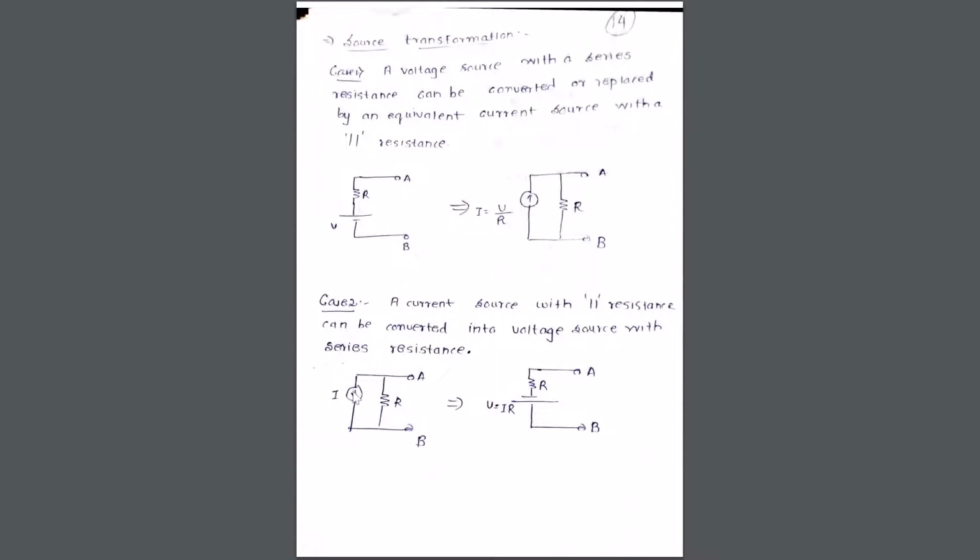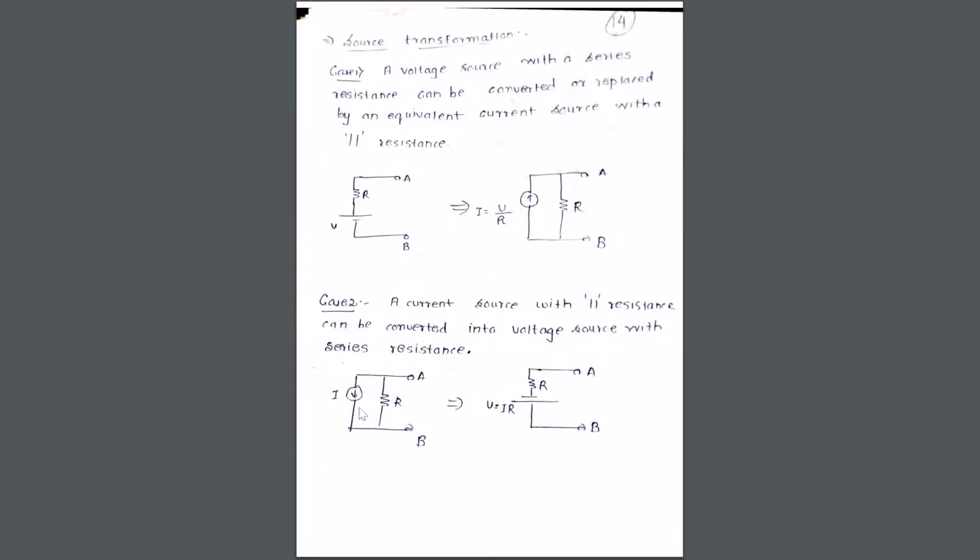Similarly, when the current source was pointing downward, I had to take the positive terminal downward, because the current source will move out of a positive terminal. Had my positive terminal been upward and my negative terminal downward, it would have indicated that my current source is entering the positive terminal, which is not as per the convention. So to summarize, if I have a voltage source in series with a resistance, I can convert it to a current source in parallel with a resistance and vice versa.